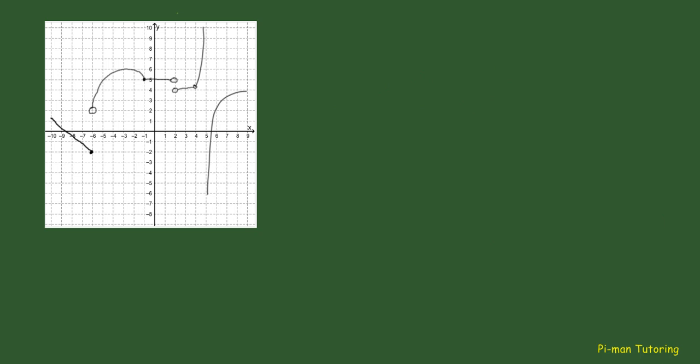Let's look at this example to understand visually what we mean by a limit. Here we have an interesting function graphed. It is a function because it passes the vertical line test, so there is only one value of the function for each value of x.